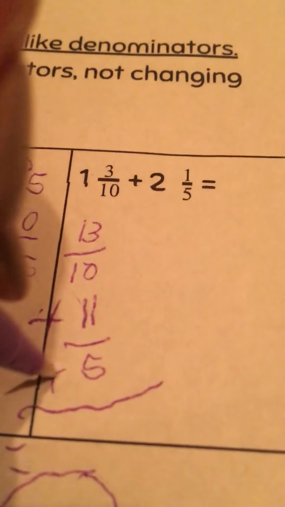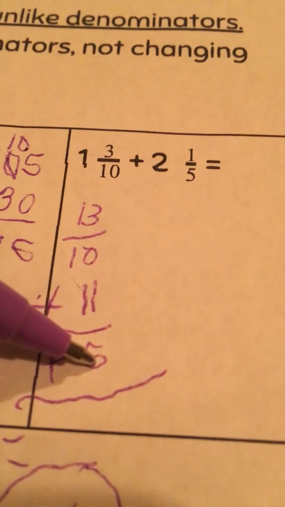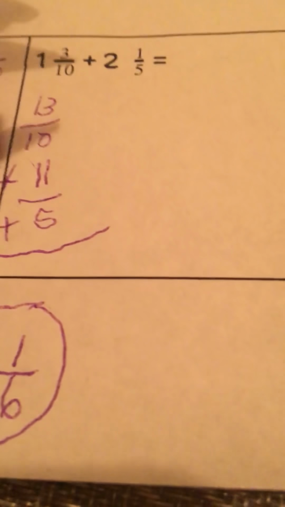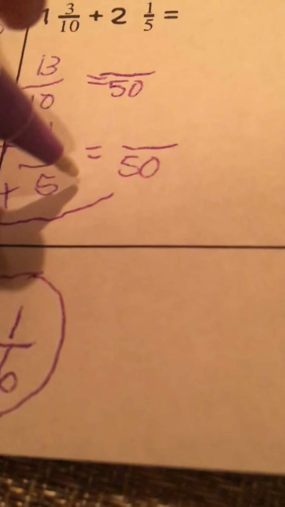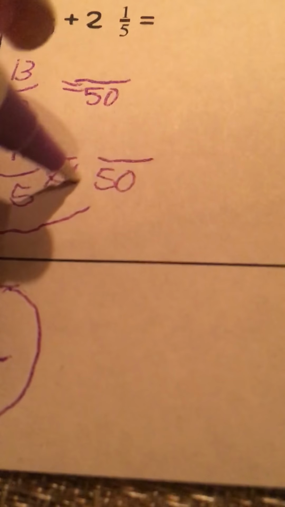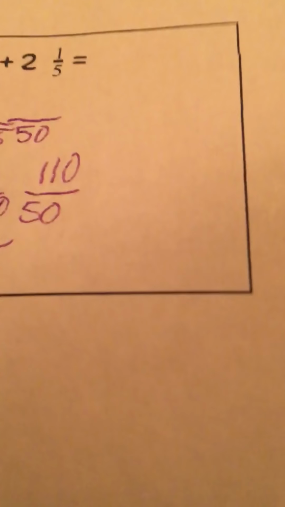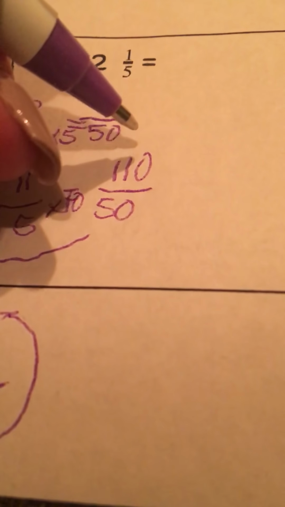We're going to add those together, and I've got 10 and 5 here, so I can make the denominator 50. So I'm going to make this equal 50 and make this equal 50. And this is 5 times 10 equals 50. So 11 times 10 is going to be 110. 10 times 5 equals 50.